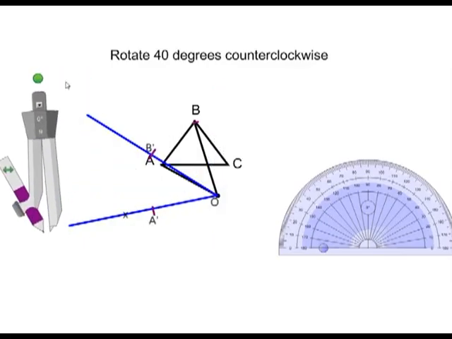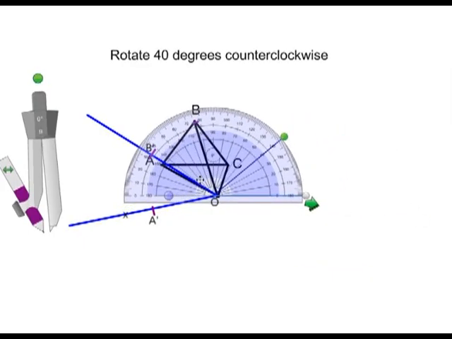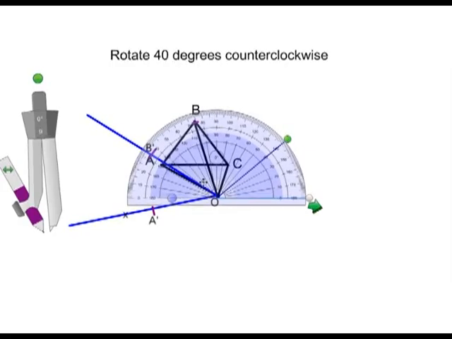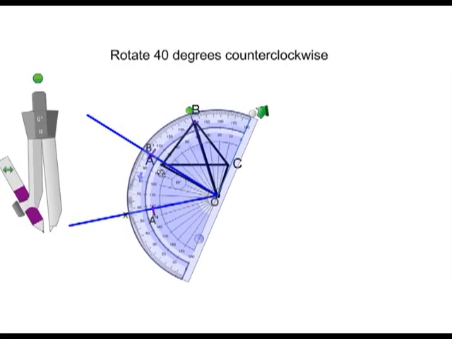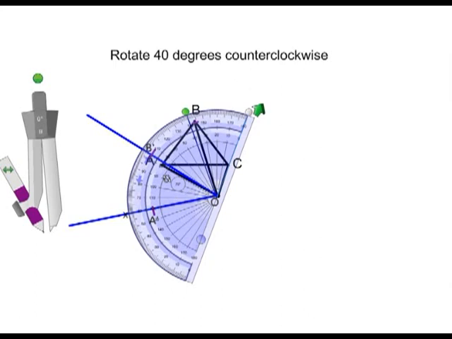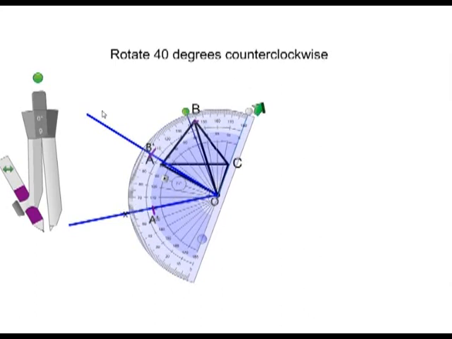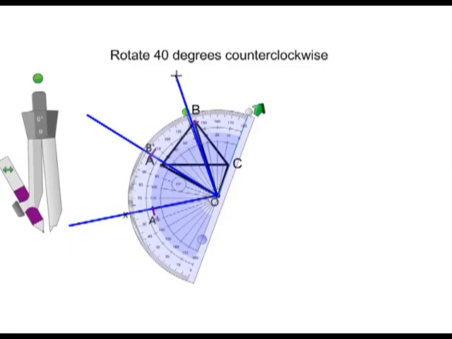And lastly, we do the same for C. Draw that line. Take the protractor and measure 40 degrees. Rotate that. 40 is here. Draw that new line.